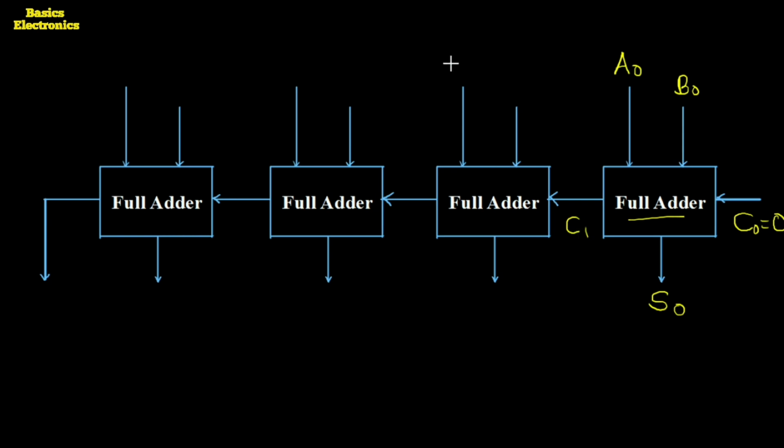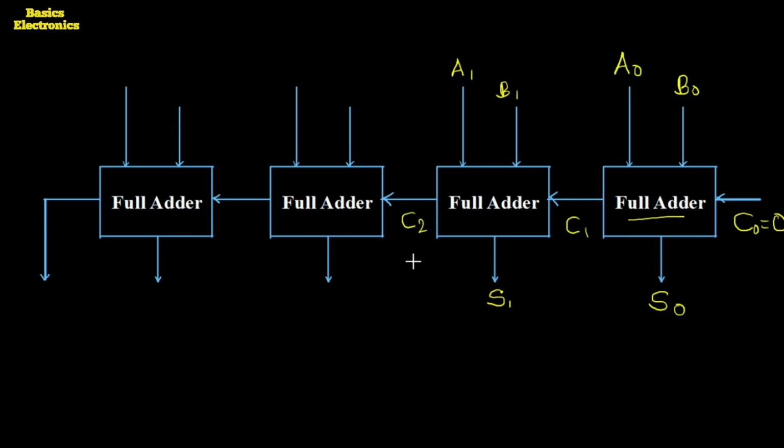This carry C1 we add to the next full adder's third bit. So this next full adder performs the addition of the three binary bits A1, B1 and the third bit C1. It produces the output as sum S1 and generates the carry C2.